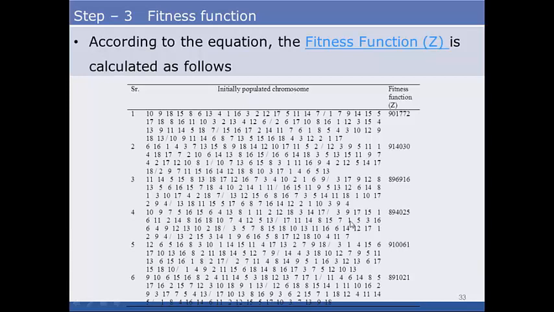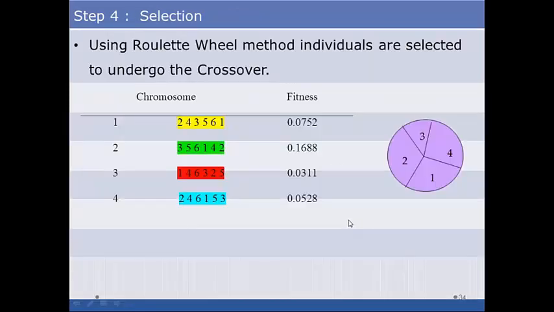Now coming to step 4, we have to go for crossover. While going for crossover, generally we have to select good solutions only, good chromosomes only, for crossover purposes. Its meaning is simple. Crossover means we are asking the chromosomes for mating.